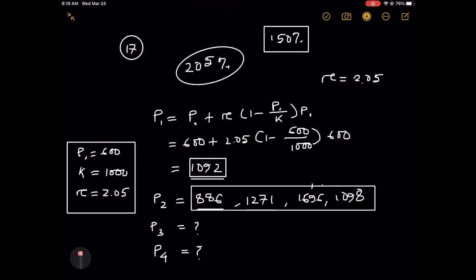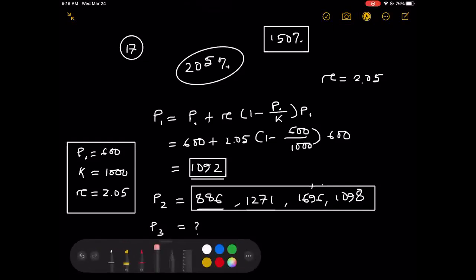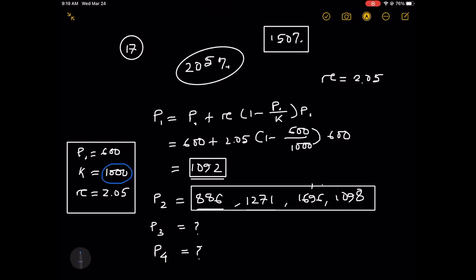I know the carrying capacity is 1,000. I already know that, right? So if the population after the first year is more than 1,000, I know in the second year it will definitely go down and it will go below 1,000.